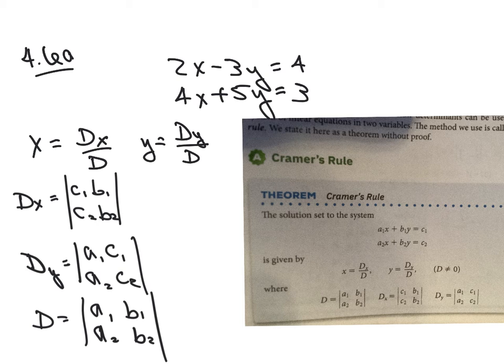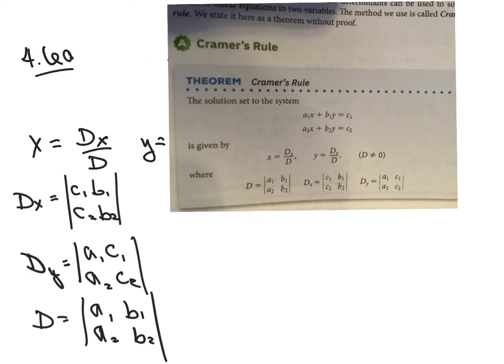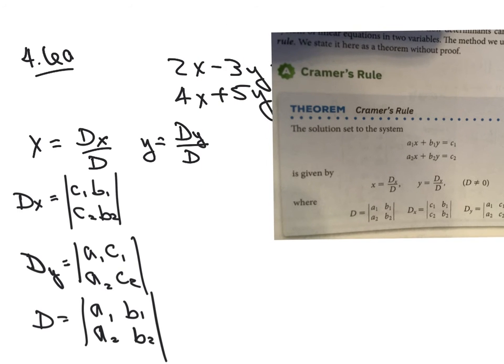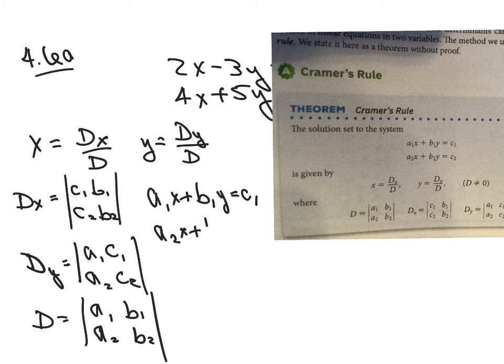we can look at the original equation up here, a1x plus b1y equals c1, and a2x, and I will explain what's going on here.